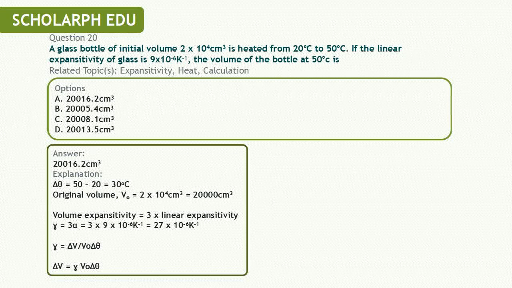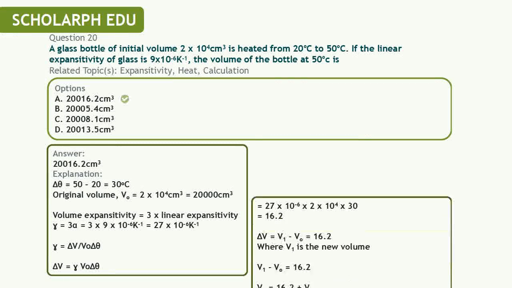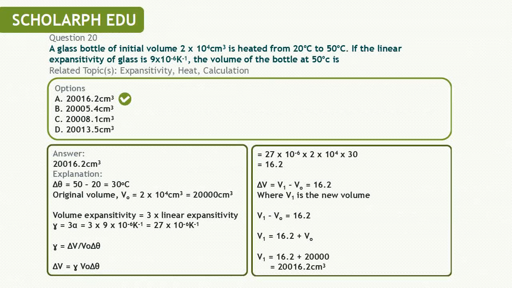So when you cross multiply this, we have the change in volume equal to the volume expansivity times the original volume times the change in temperature. So here we have the volume expansivity, which is calculated here, 27 times 10 raised to power minus 6, times the original volume, which is 2 times 10 raised to power 4, times the change in temperature, which is 30. By the time we multiply all of this, we are going to have 16.2.